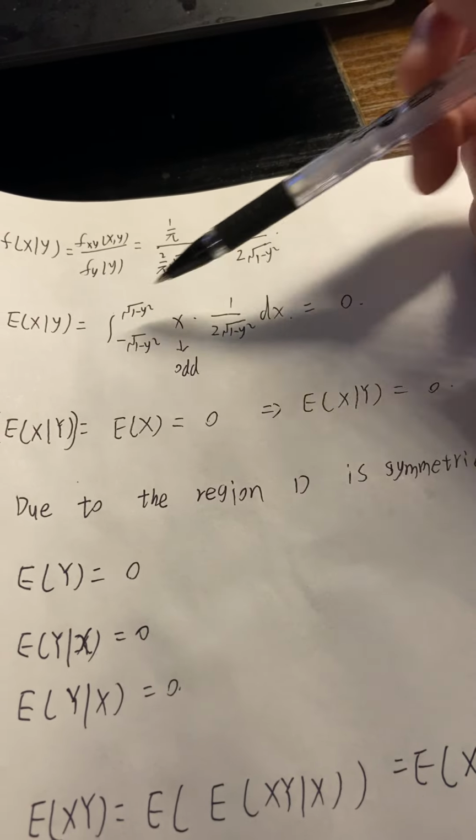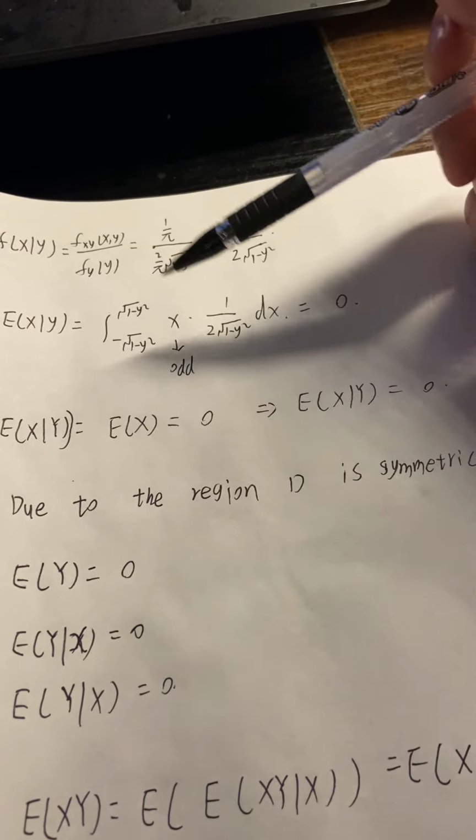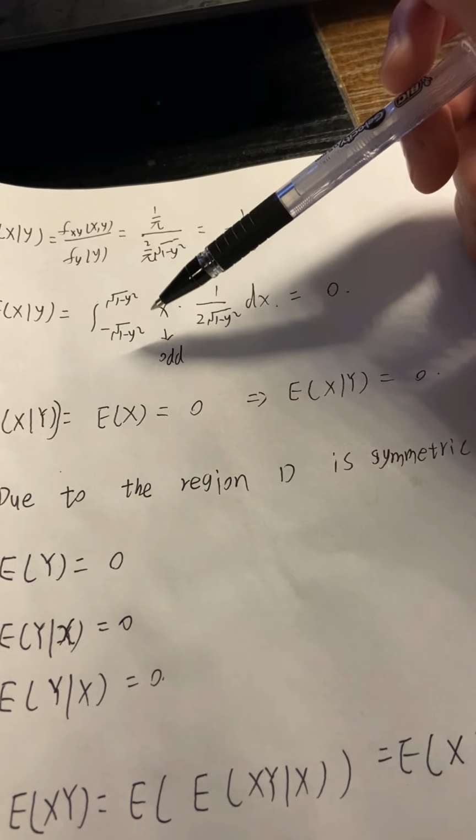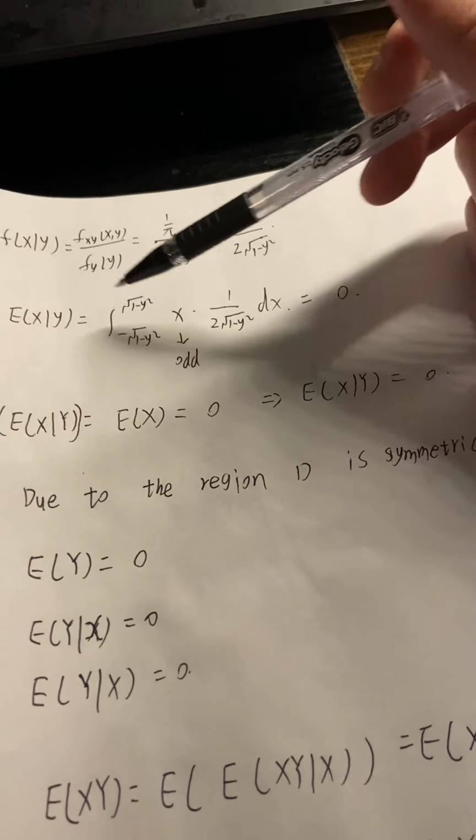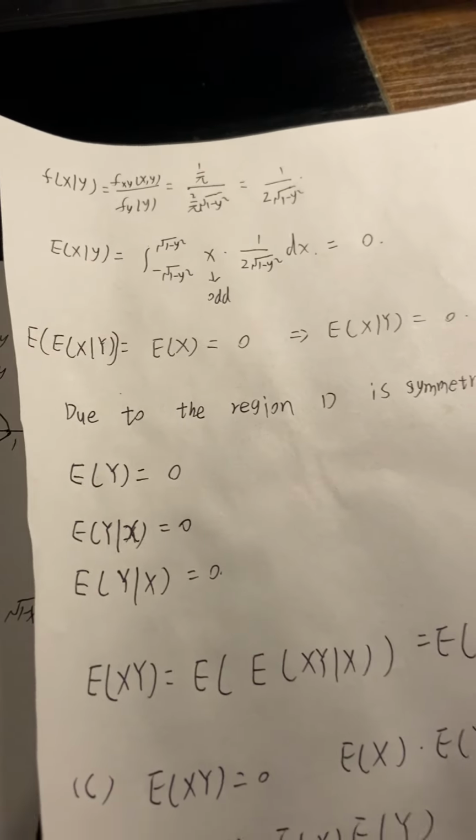We can put the constant term outside, and x is an odd function, so the integral will be 0, so the final result is also 0.